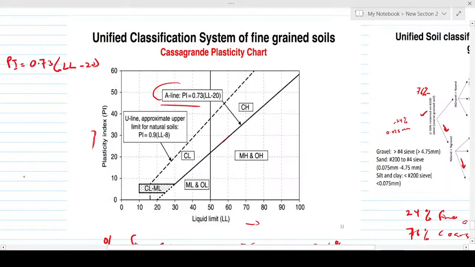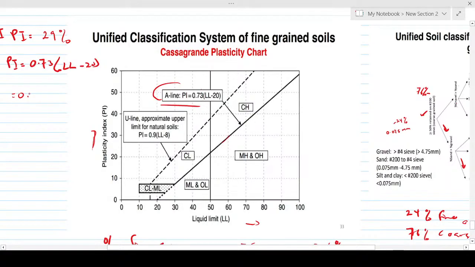This is the formula, right? And initially, when we calculated our PI, I think we had 29%, which was 55 minus 26. We had that. Now, let's go ahead and solve.